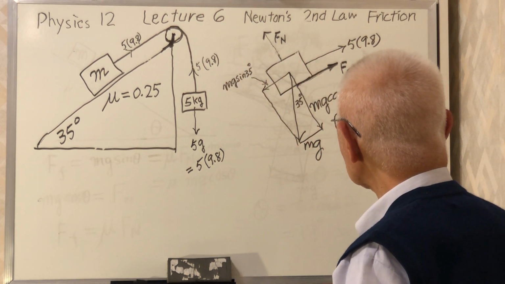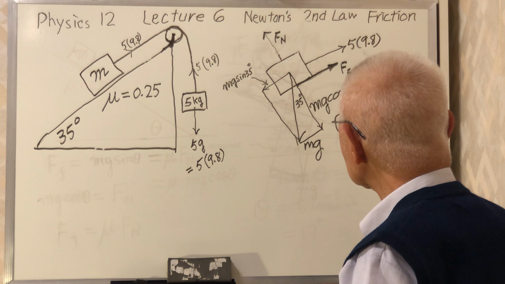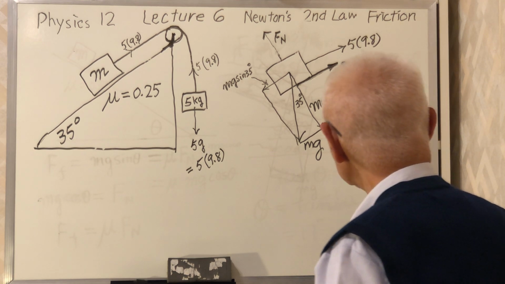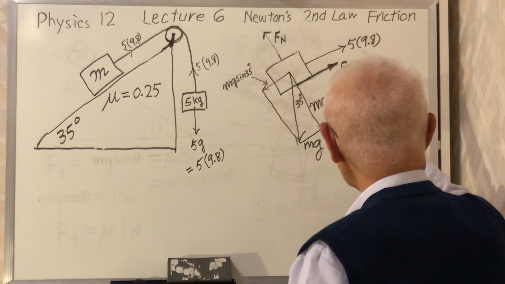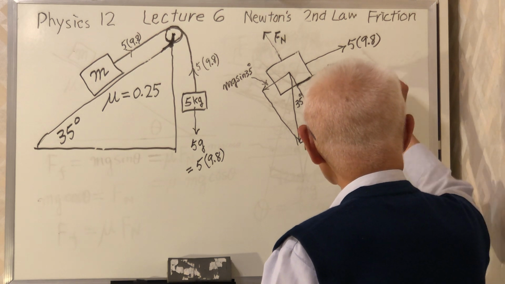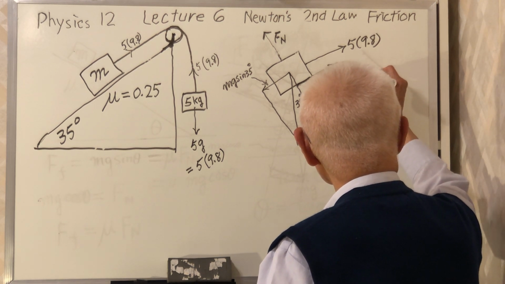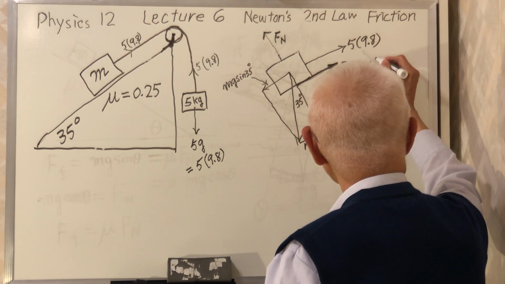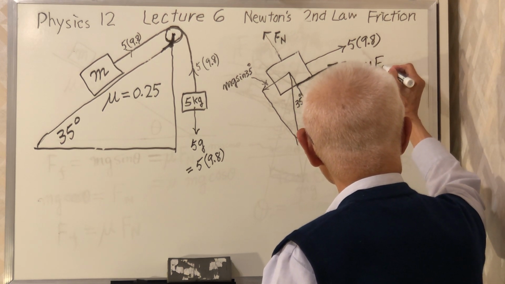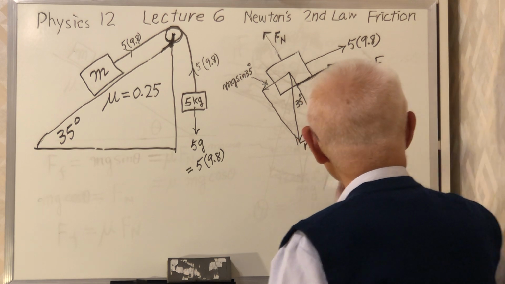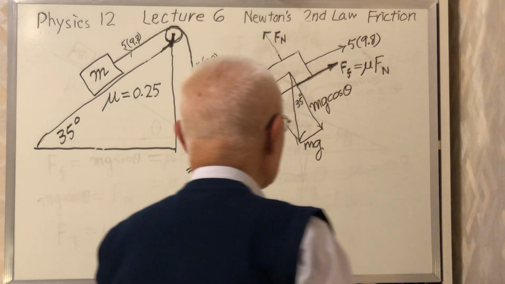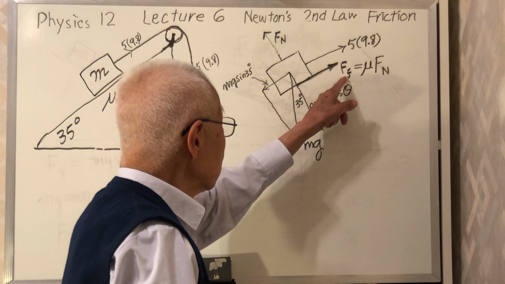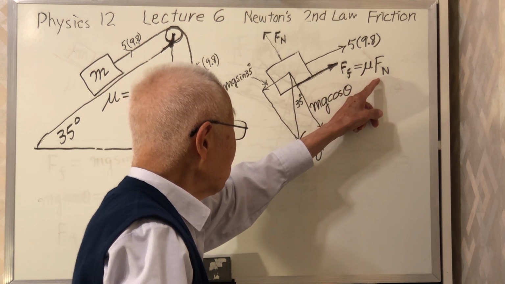Now, it's quite similar to what we had before. So the force of friction is the coefficient of friction times the normal force.